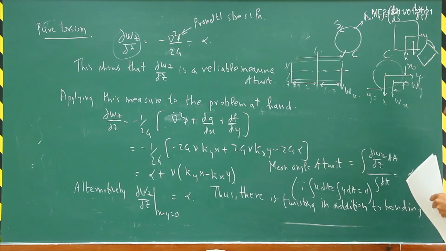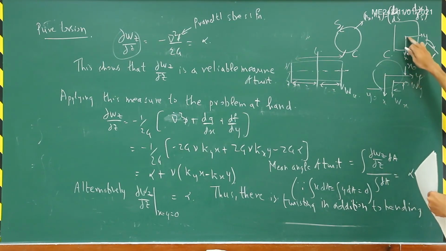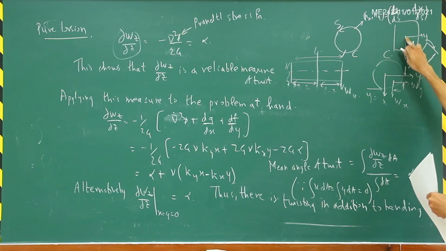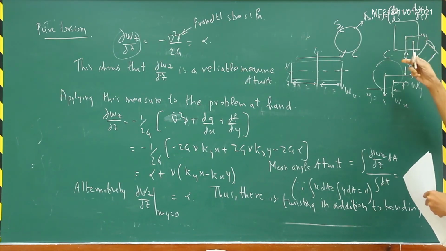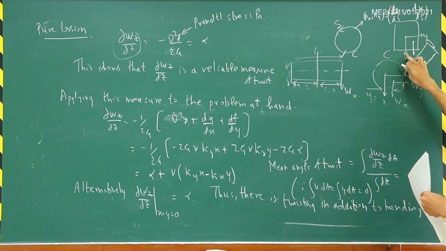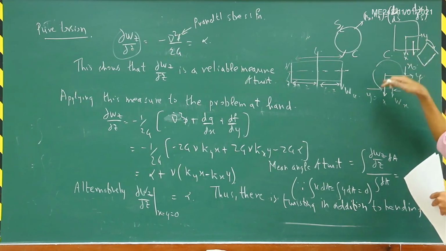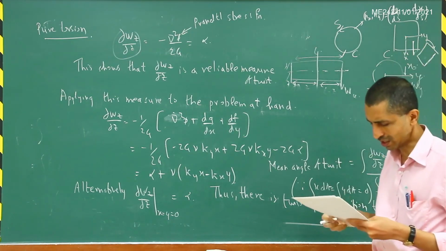Some of you may be familiar with this concept. So if the load does not pass through this point, which is called the shear center or the center of flexure, then there will be twisting. If it passes through the shear center, then there is no twisting. Okay, so this is something that we will discuss in the next class.